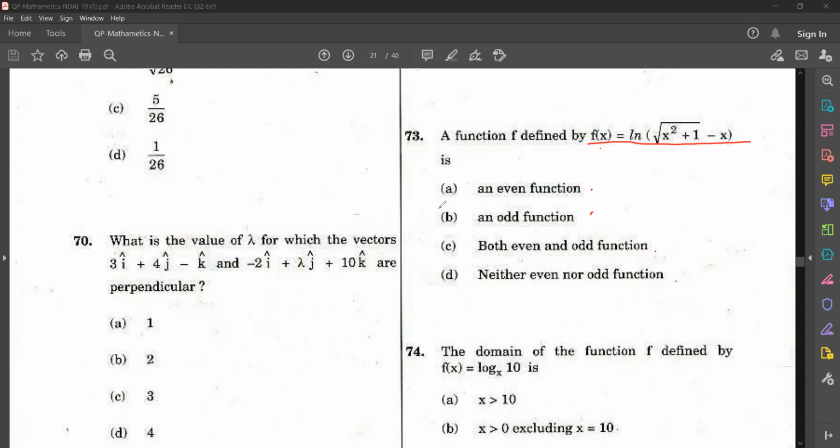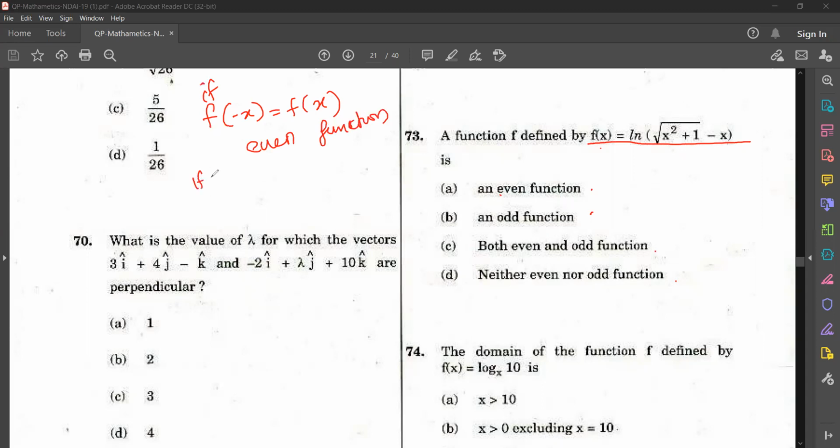Just try. What do you mean by that? What is even function? If you don't know, please note down. Even function means f of minus x is equal to f of x. That means even if we put minus x here, we are reaching f of x. Then we can call it an even function.